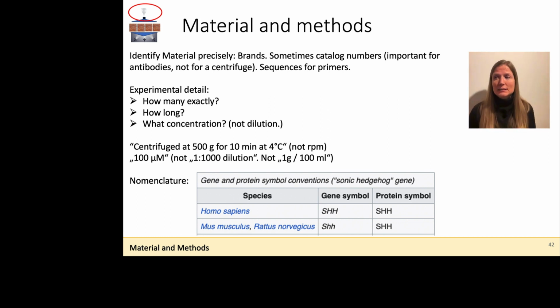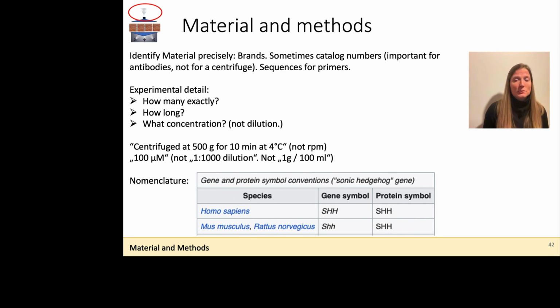I usually don't need to know which brand a particular centrifuge comes from. But if you talk about antibodies that are super specific and give different kinds of stainings, I need to know the brand and even the catalog number. I do need to know the sequences for primers, everything that you really need to replicate your exact findings.